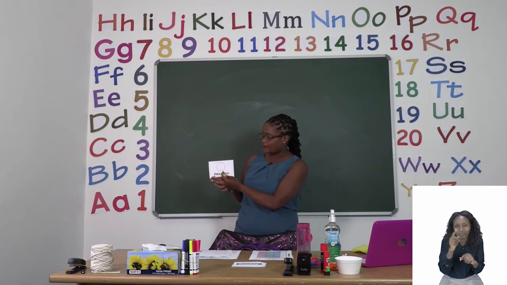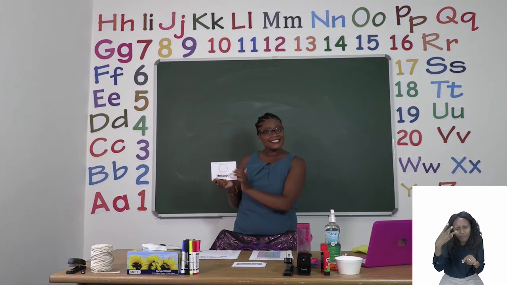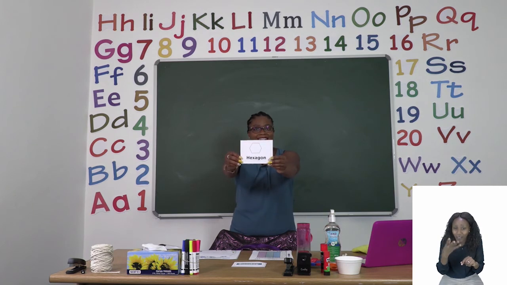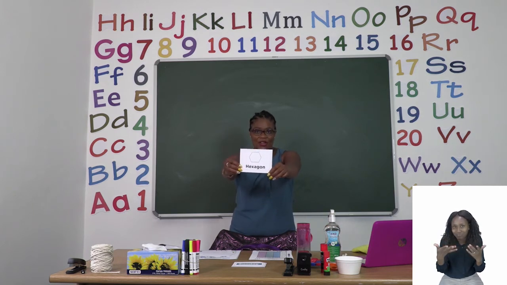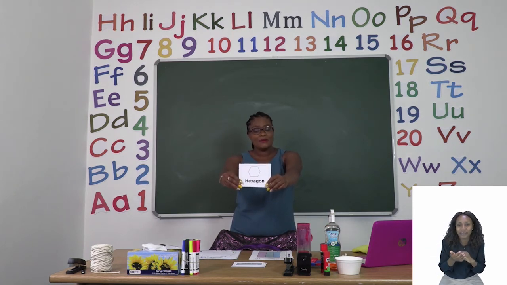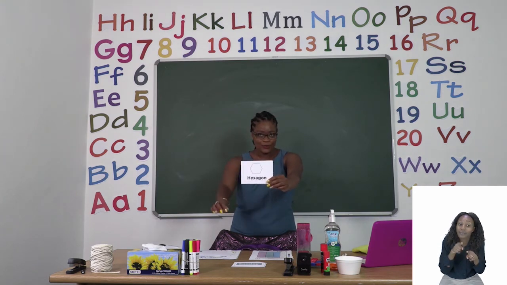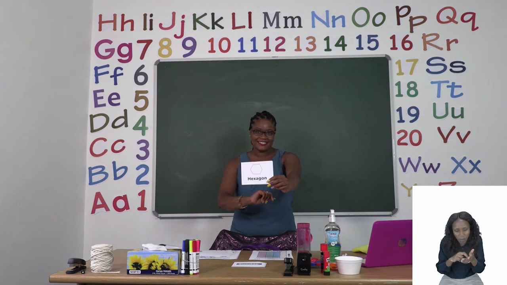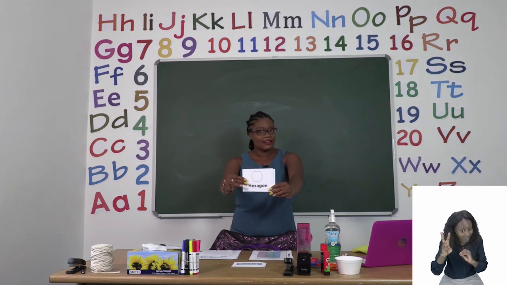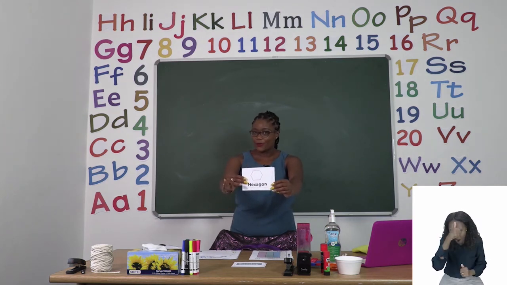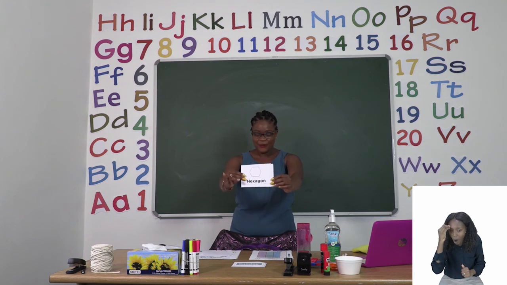We have 1, 2, 3, 4, 5, 6. So there are 6 sides on a hexagon. Now the same with pentagon, hexagon also means 6. And if you are clever, you would know that I gave you more than enough answers for the rest of the table.